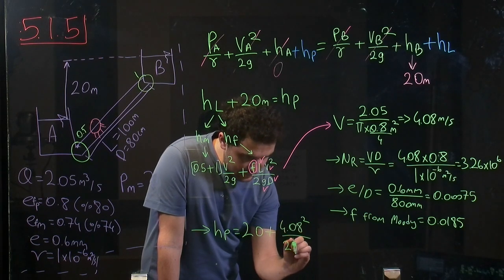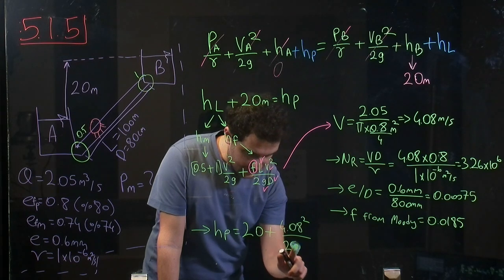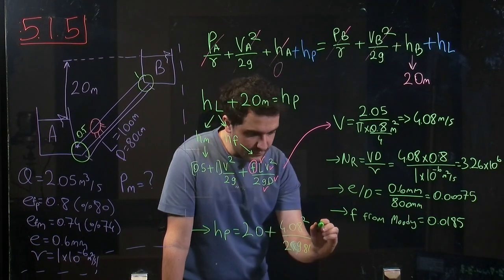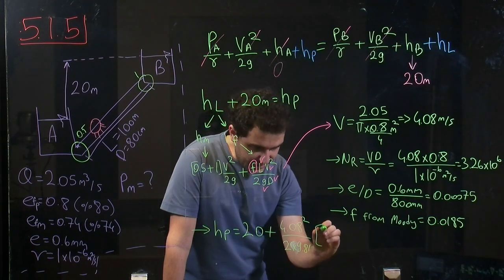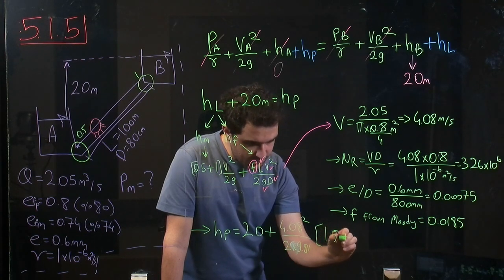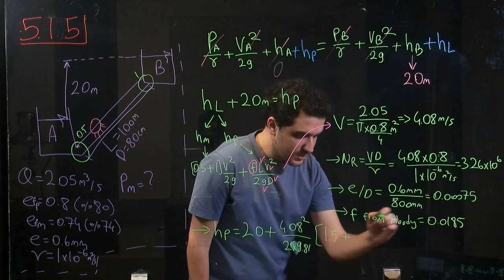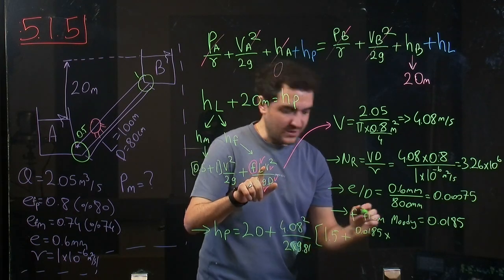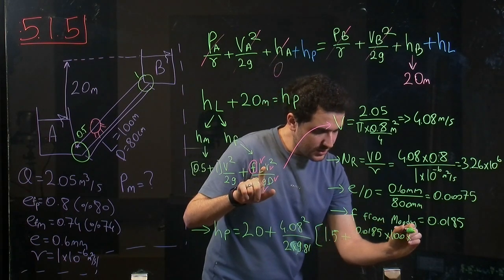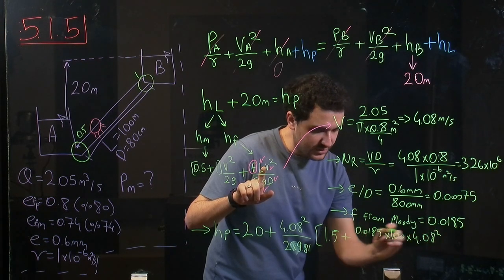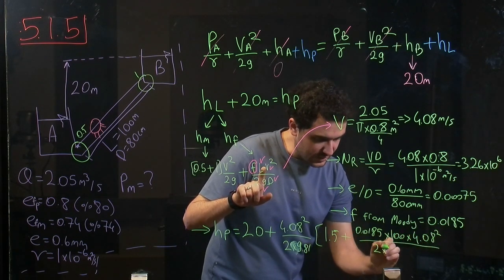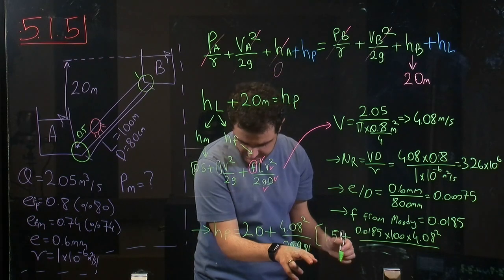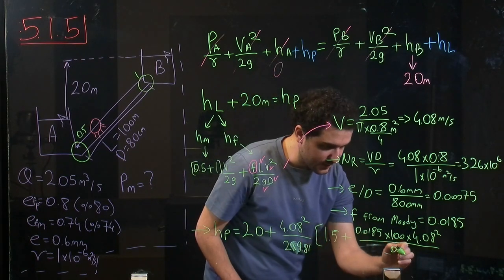or 2 times, in the parentheses, 1.5 plus F times 100 meters times V square over 2 times, over D, because we already used that here, and D is 0.8.